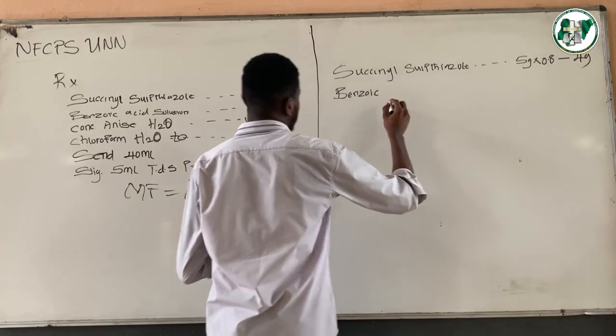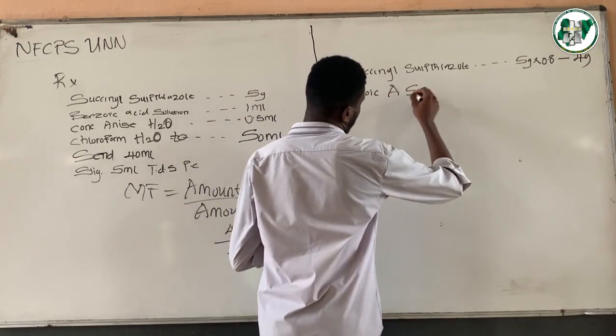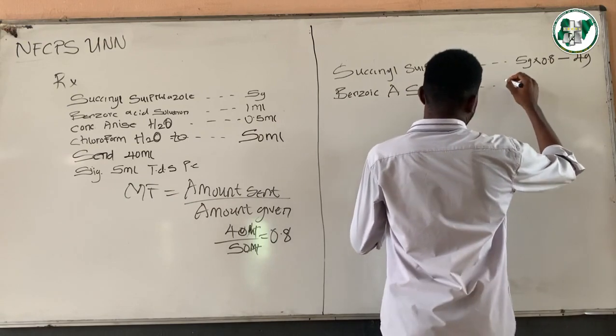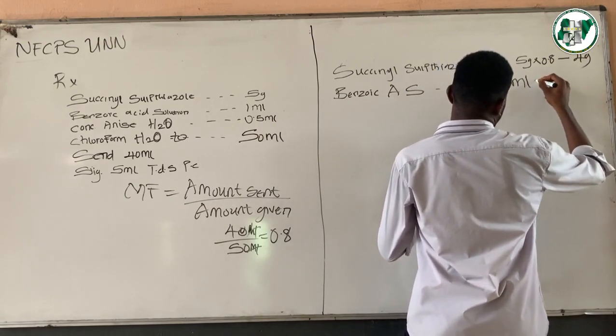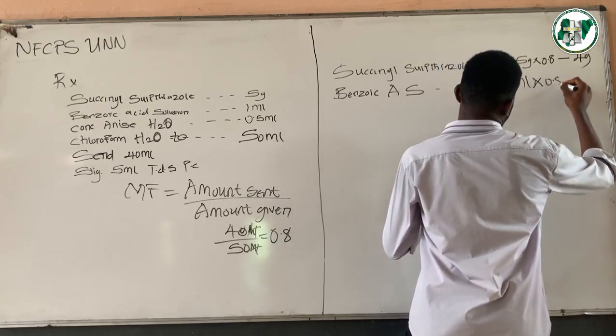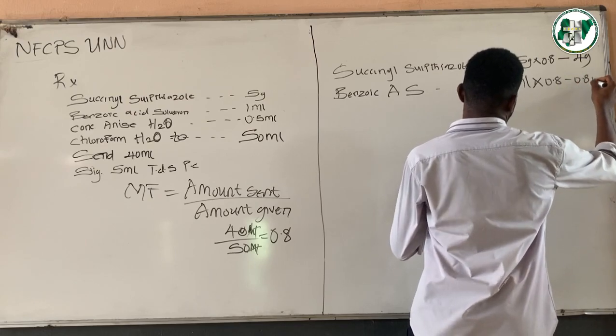Benzoic acid solution, 1 ml multiplied by 0.8 gives 0.8 ml.